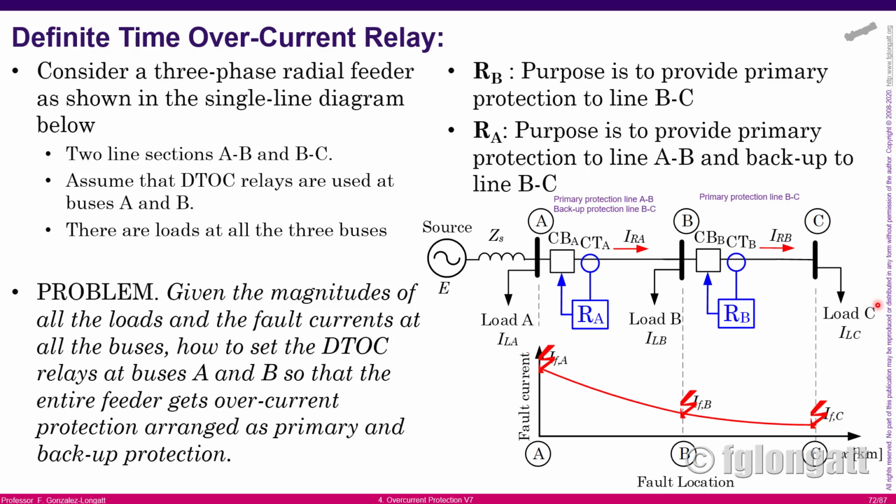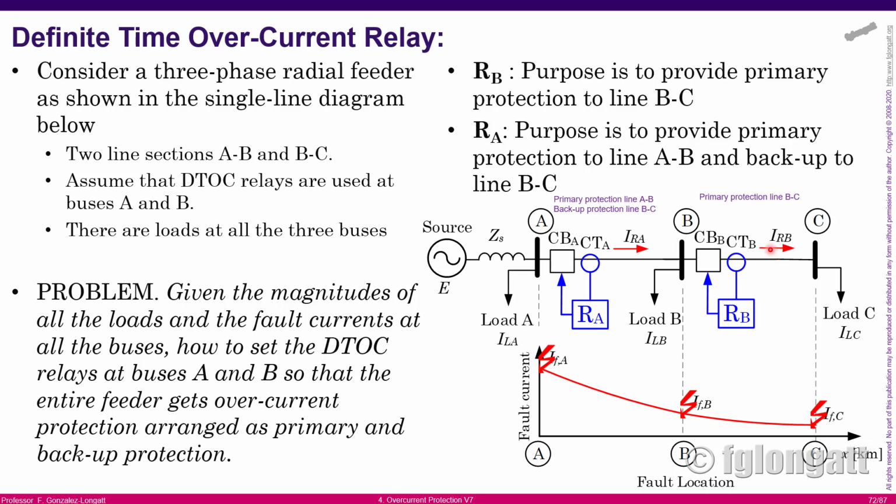Let me say again, we know all the current levels. We know the load level and we know the short circuit levels. And we have definite time relays located here, A and B. What should be the settings in order that this feeder is completely secure and protected, considering primary and backup protection?